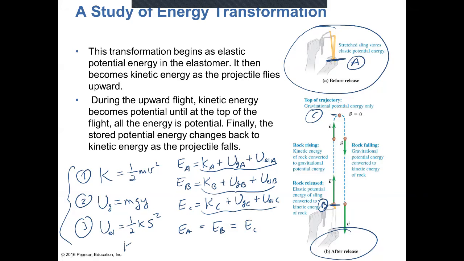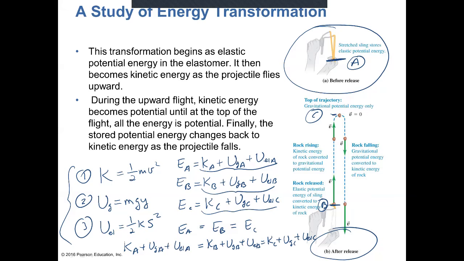So then here's what I have. It's kinetic energy at A plus gravitational potential at A plus elastic at A. Their sum is equal to kinetic at B plus gravitational at B plus elastic at B. Well, that sum will also be equal to kinetic at C plus gravitational at C plus elastic at C. All right.